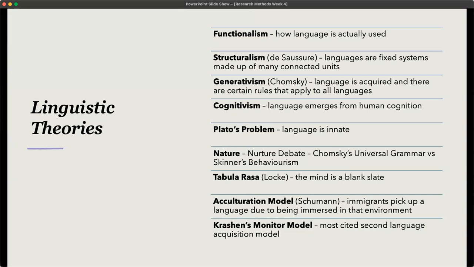The nature debate, Chomsky's universal grammar versus Skinner's behaviorism. The tabula rasa by Locke, the mind is a blank slate. And the acculturation model, immigrants pick up a language due to being immersed in that environment. And Krashen's monitor model, the most cited second language acquisition model.